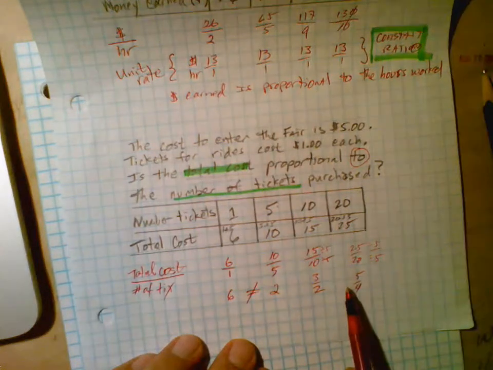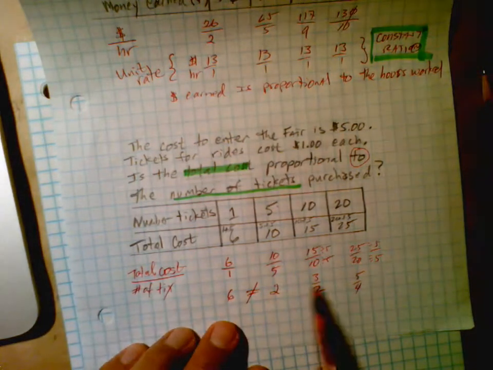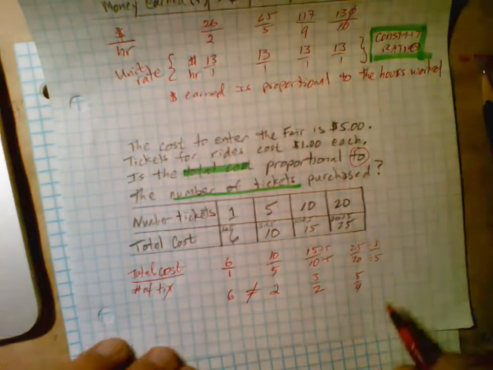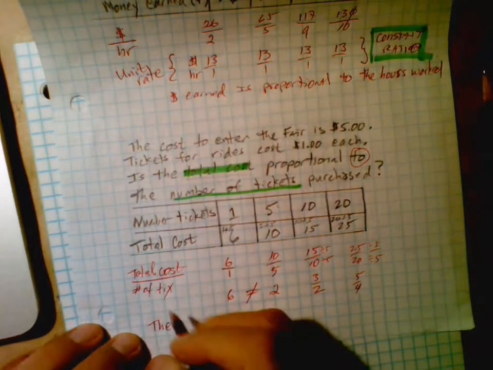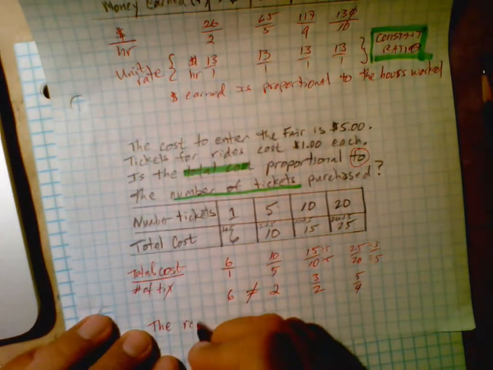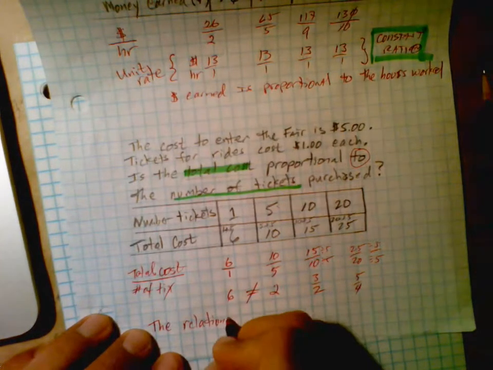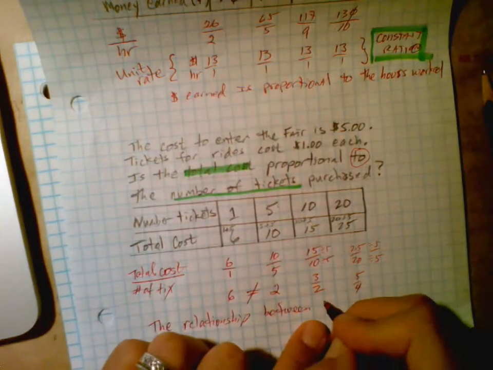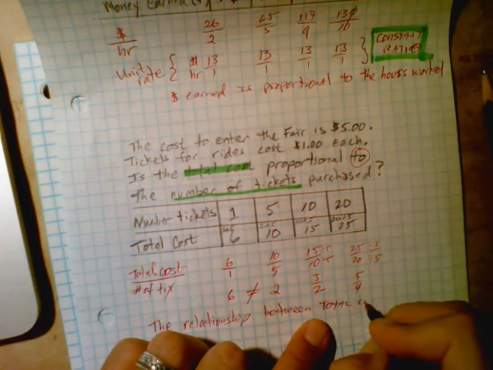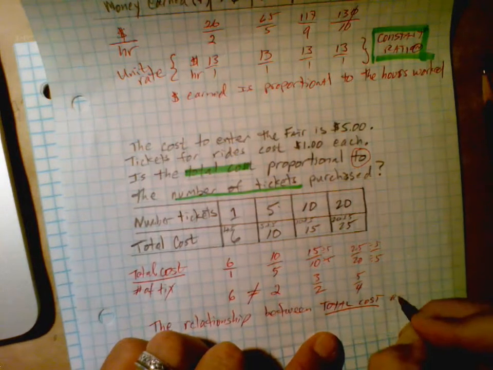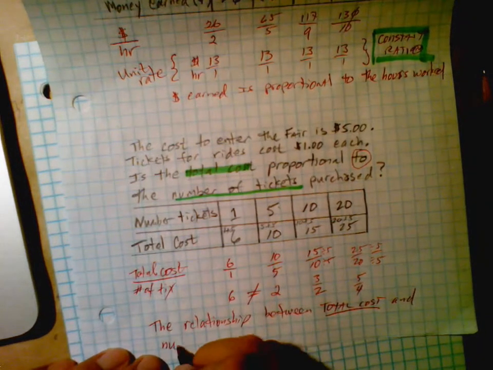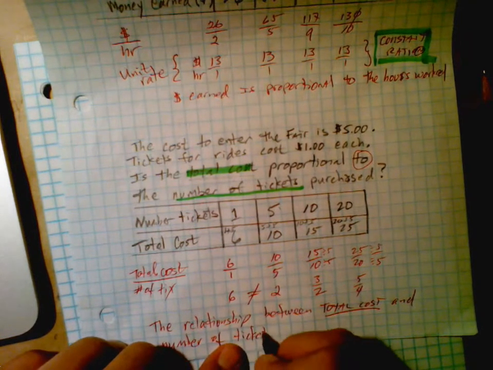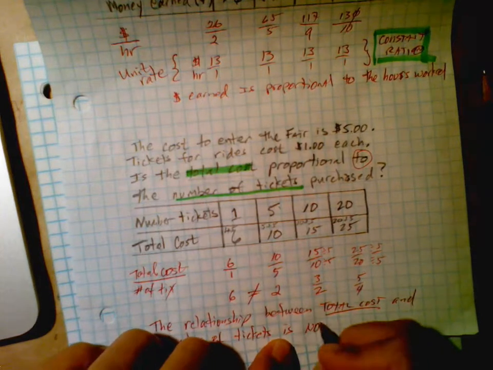It only takes one not to be the same. You could have 5 of them that are the same and one that's different, and the relationship isn't proportional. In this case, they all have to be the same. So the relationship between total cost and number of tickets is not proportional.